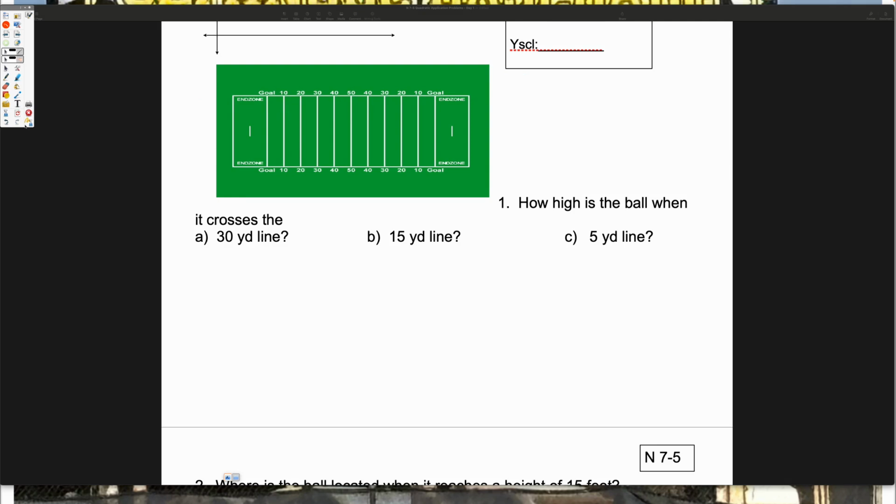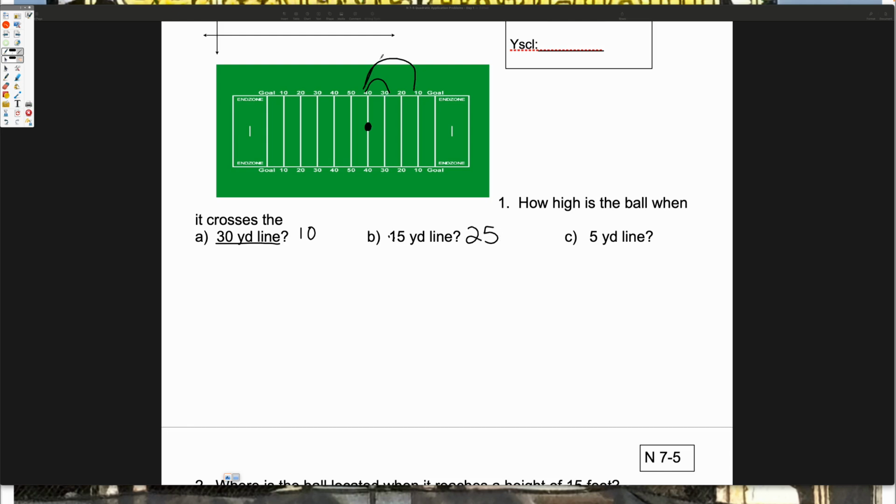Okay, this first question: how high is the ball when it crosses the 30-yard line, 15-yard line, 5-yard line? All right, so once again, we're on the 40-yard line. So before we do anything, when it crosses the 30-yard line, we're going from the 40 to the 30, so we've only really traveled 10 yards, okay? 15-yard line, 40 to the 15, that is traveling 25 yards.